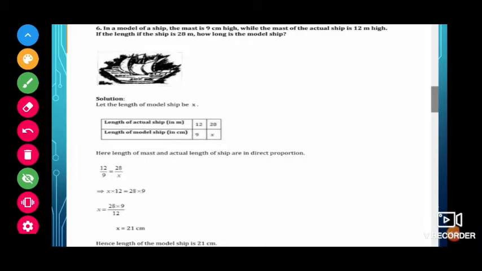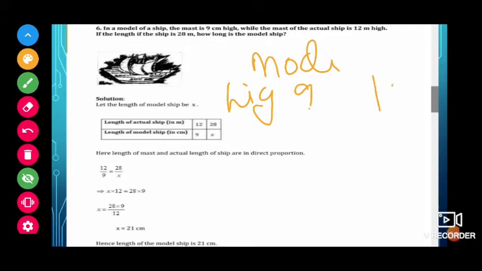Actually, the model ship has a mast 9 centimeters high, while the mast of the actual ship is 12 centimeters high, and the length of the ship is 28 meters. What is the model ship length they are asking?